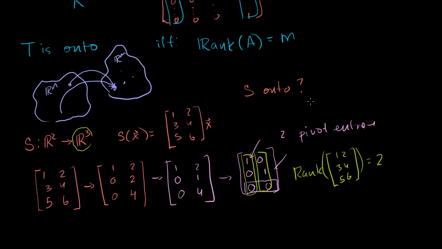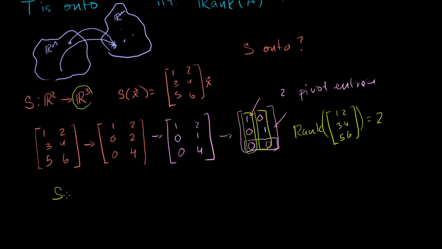It is not equal to R3. So S is not onto, or not surjective. And that's one of the 2 conditions for invertibility. So we definitely know that S is not invertible. Hopefully that's helpful. Now in the next video, we're going to focus on the second condition for invertibility, and that's being 1-to-1.